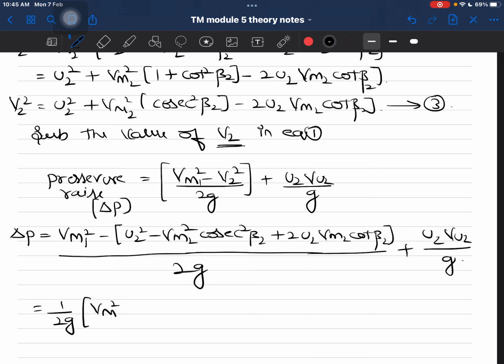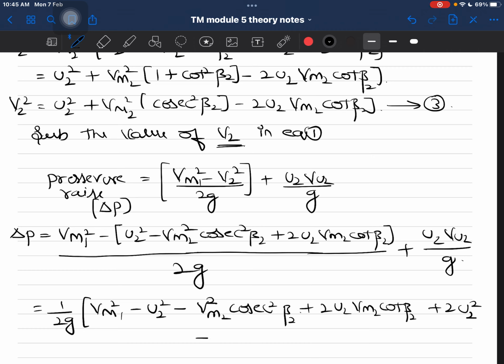Vm1 square minus u2 square minus Vm2 square cosec square of beta 2 plus 2 u2 Vm2 cot beta 2, plus 2 u2 square minus 2 u2 Vm2 cot beta 2. So this big expression you will get.